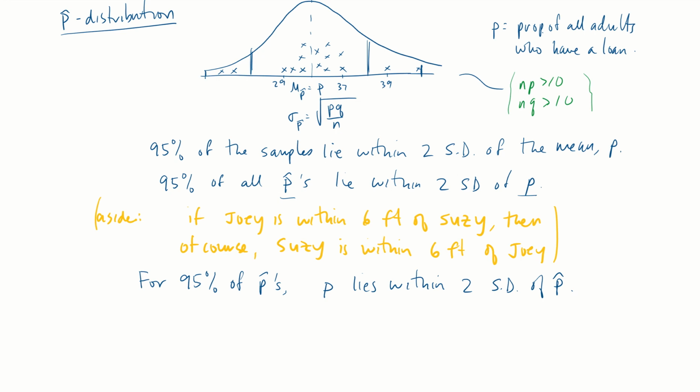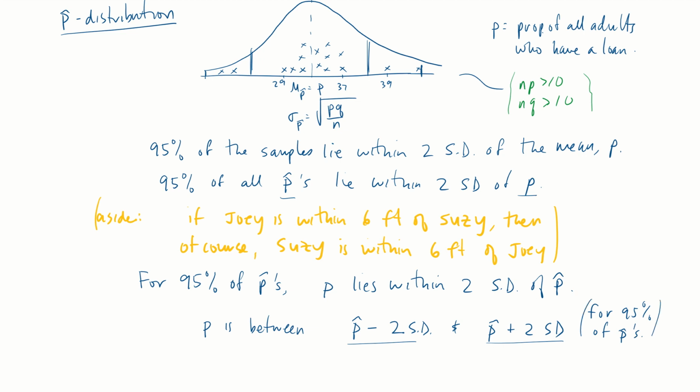That means p is between p hat minus 2 standard deviations and p hat plus 2 standard deviations. Right? These are just numbers. So p is between those, for, I'm going to keep track of this, for 95% of p hats.